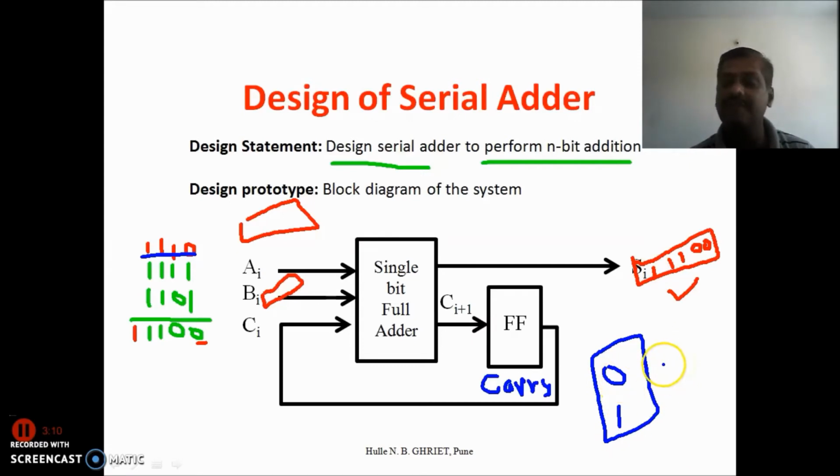I will use the formula, that is capital N is equal to 2 raised to the power of small n, because we need two states here. That is, here in this particular case the value of n is found to be 1. Means one flip-flop is sufficient to store the carry as a 0 or carry as a 1.